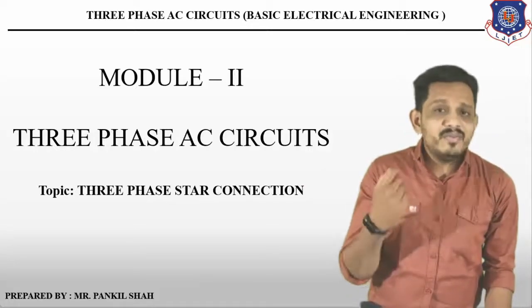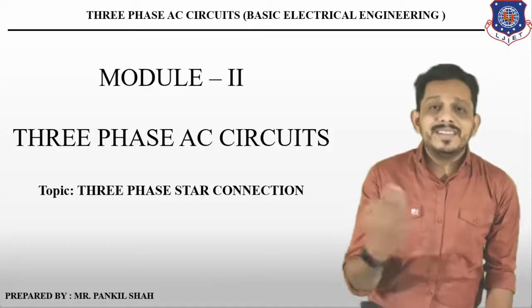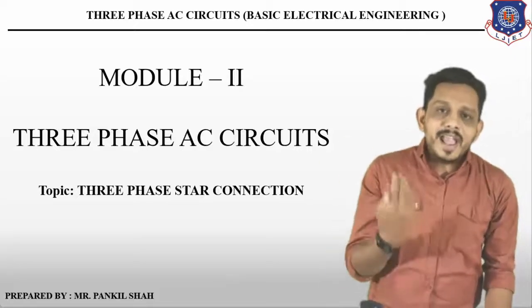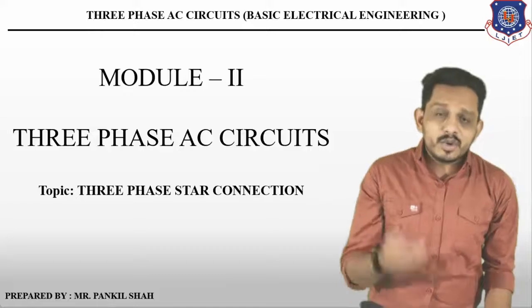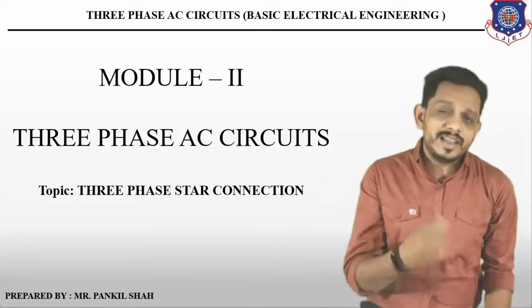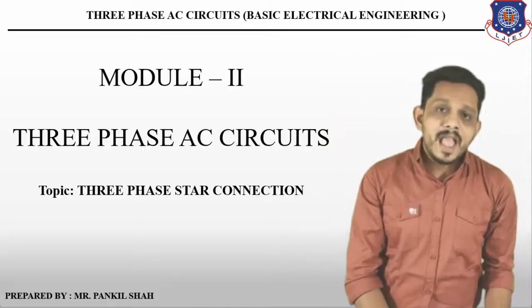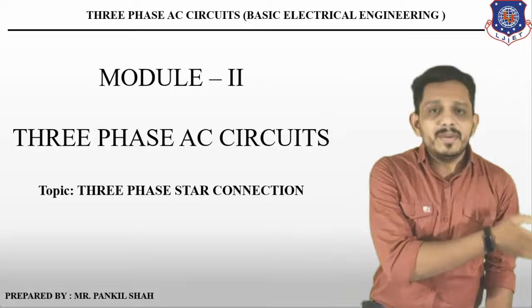But whenever we connect a single-phase terminal to any type of instrument, there is a return path, which is known as the neutral path. So if R has a neutral path, Y has a neutral path and B has a neutral path, then there are 6 conductors, and there are also 6 terminals of the load.